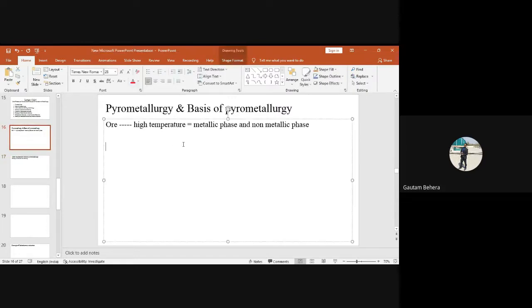Okay, fine. So to do this pyrometallurgy process, what are the requirements? So the first requirement is a reactor, which is nothing but a furnace.